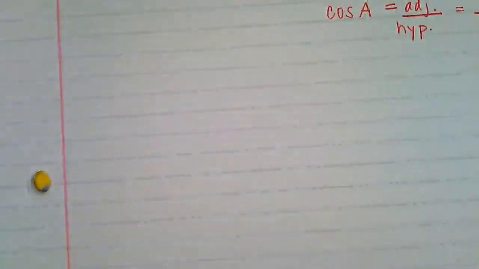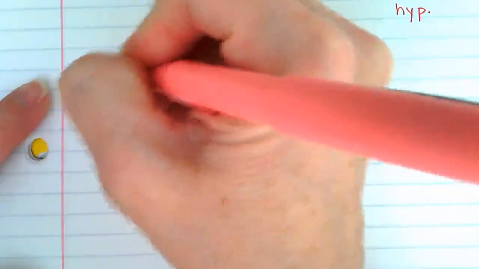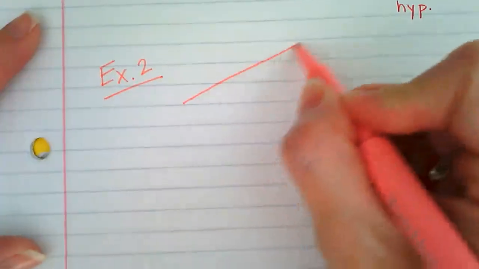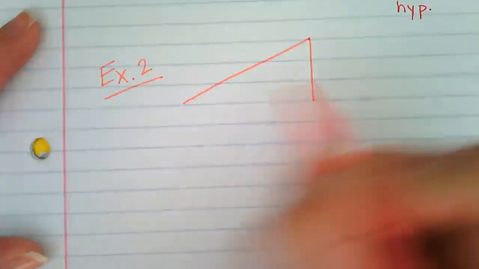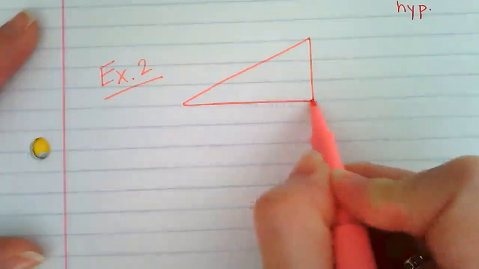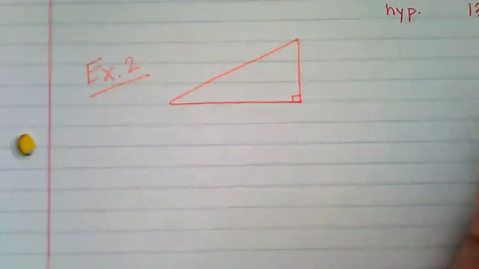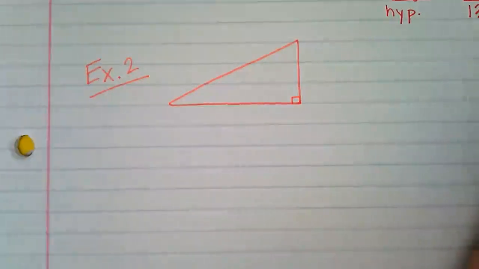All right, let's try another one. So for this triangle, let's say we have example 2. I'm going to draw this one differently, maybe I'll throw you off, who knows, right? Okay, let's see.